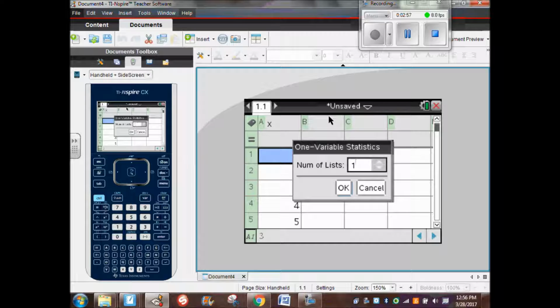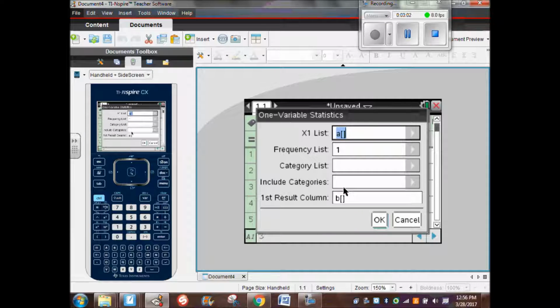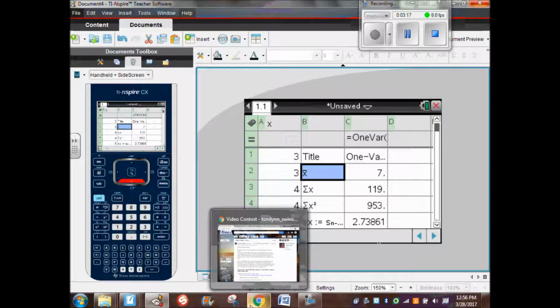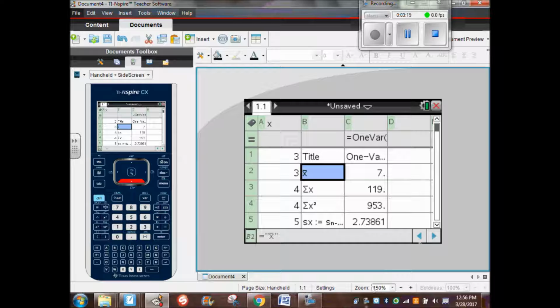Number of lists, just one, so we click OK. What did we call our list? We called it X. We don't need to change anything else in there, so jump right down to the OK.